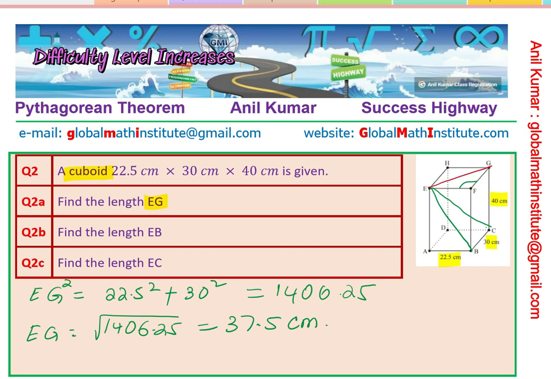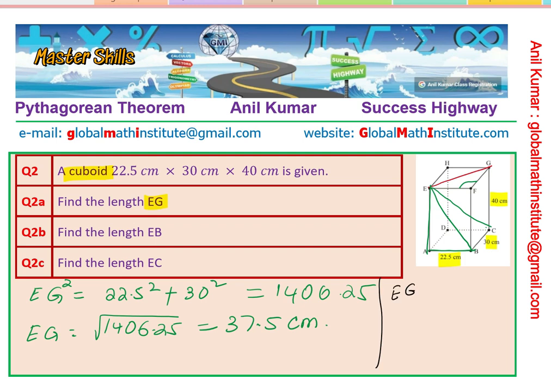Now to find E to B, we are looking at this particular triangle, correct? In this triangle, what are the dimensions? Well, the dimensions are 40 and 22.5. You can use these dimensions and find the answer. So I'll do a short form here for you.